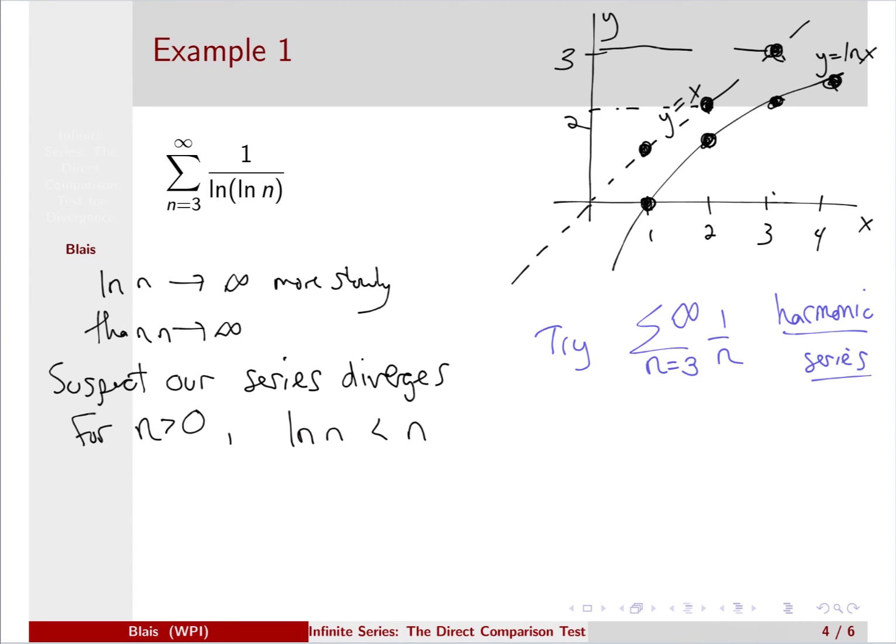Because the natural log is an increasing function, so because natural log of x is increasing, we can take logs of both sides and maintain the inequality.